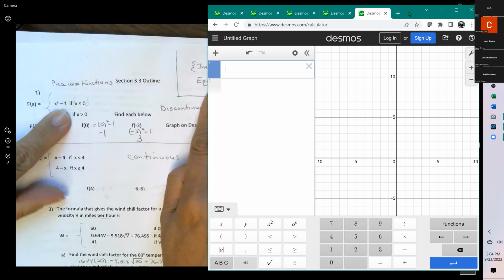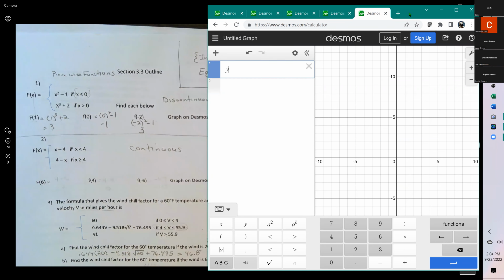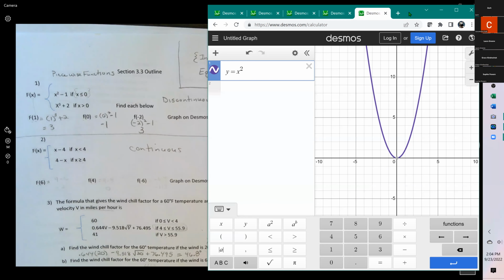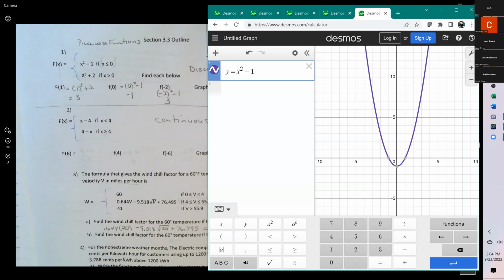So I'm going to put the equation y equals x squared minus 1. Now for the squared, you can use this button here. You can also use this one, but if you use this one, then after you put the 2, you have to hit the right arrow to come back down. And you can also use the caret, which is by the number 6 on your keyboard. But see the parabola. Remember, x squared is a parabola.